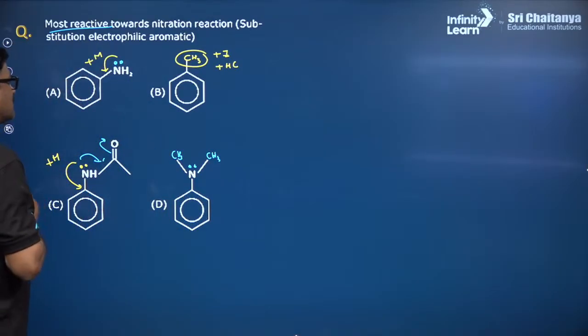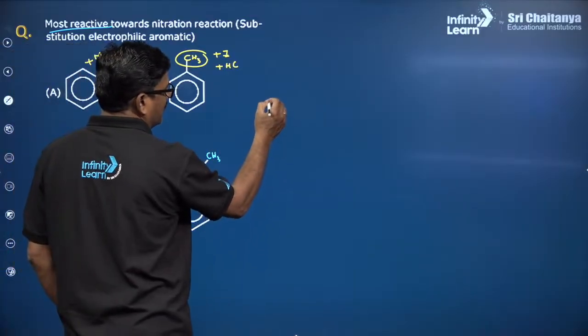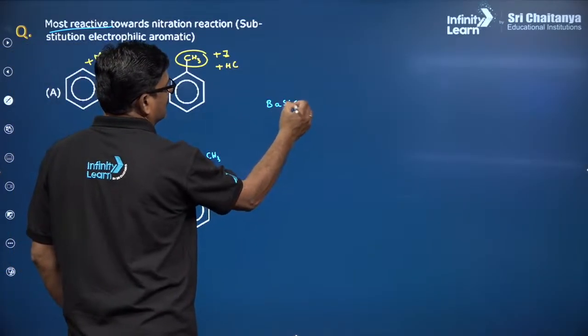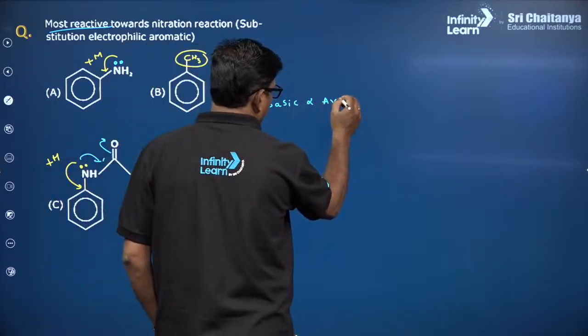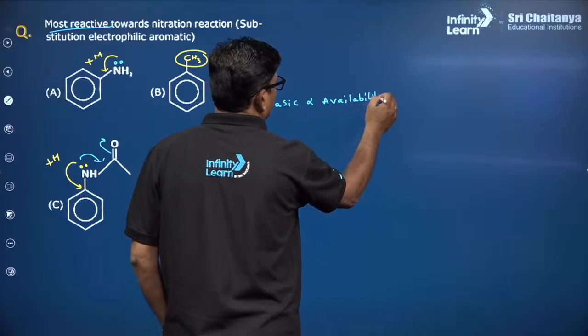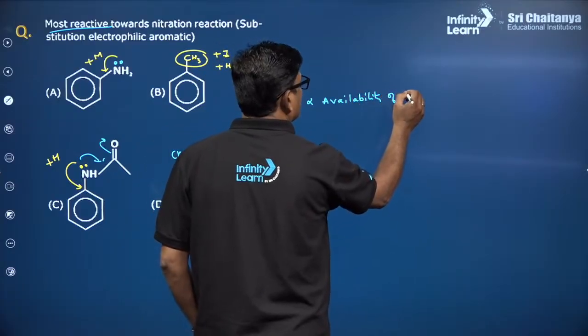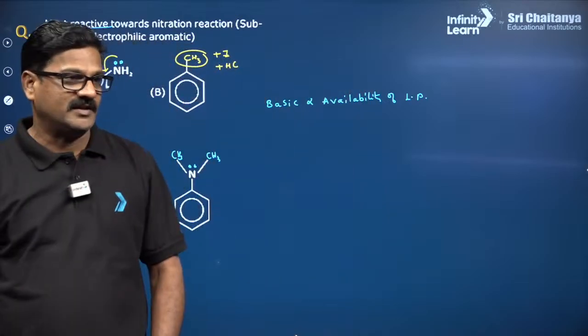Okay, always remember, basic strength is directly proportional to availability of lone pair of electrons on the nitrogen. That is the criteria.